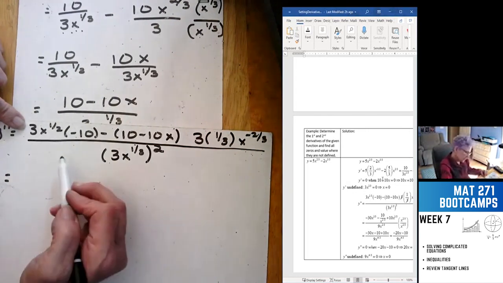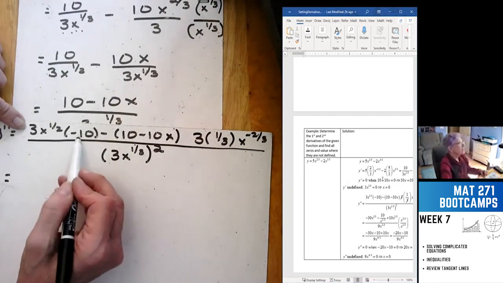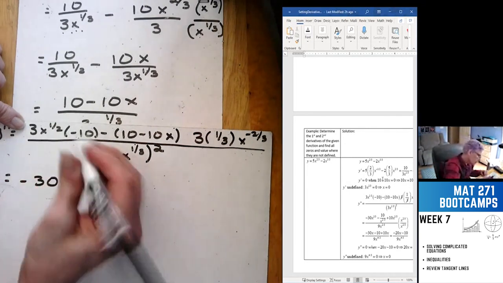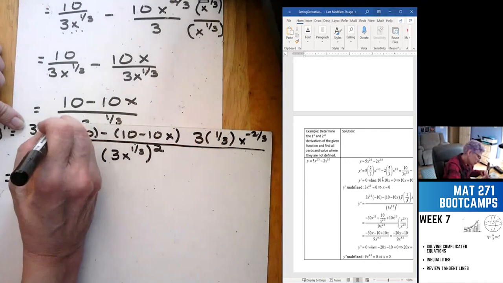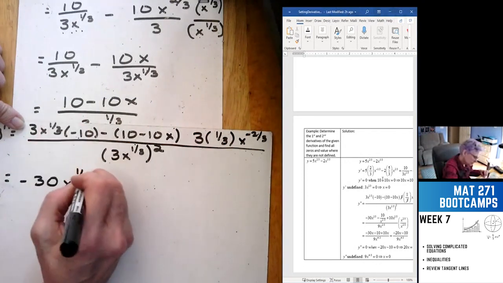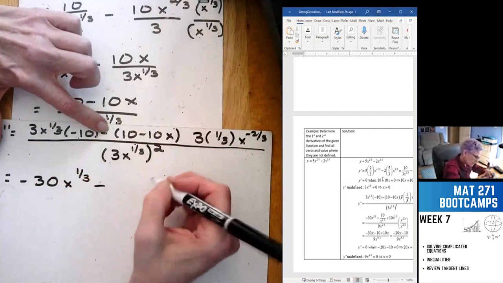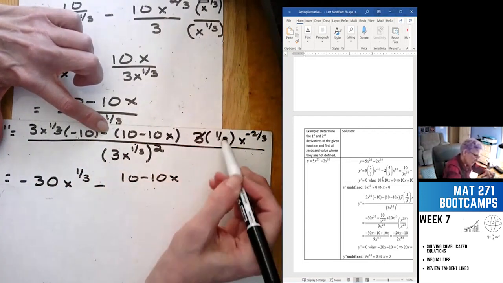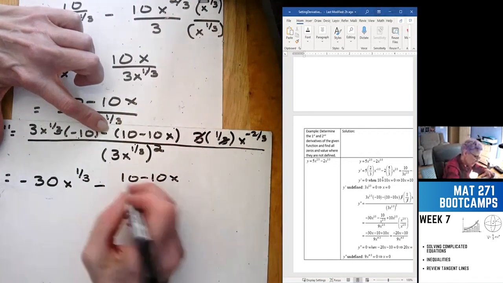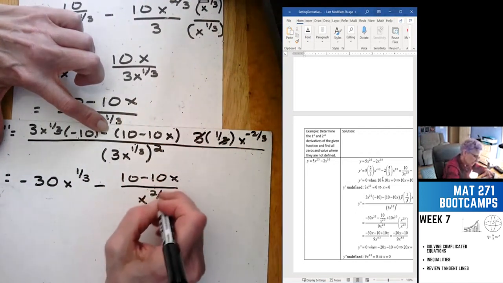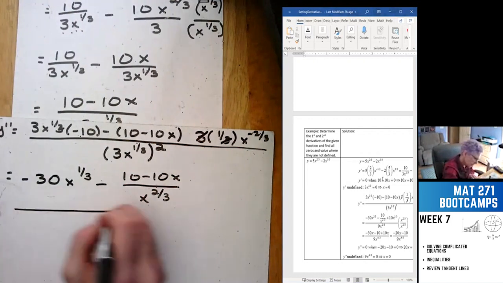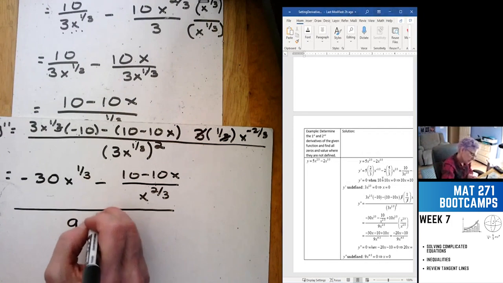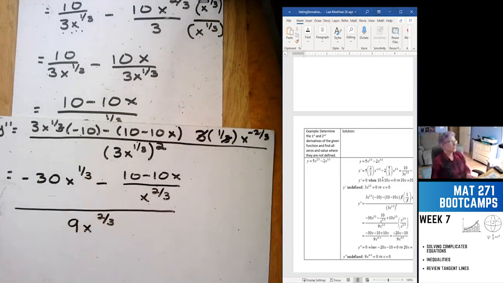So let's simplify stuff. I have negative 10 times 3. And that should be 1/3. Minus, I'm going to put 10 minus 10x on top. That 3 cancels with that 3. And x to the 2/3 comes down below. All of that is living on top of 9x to the 2/3.